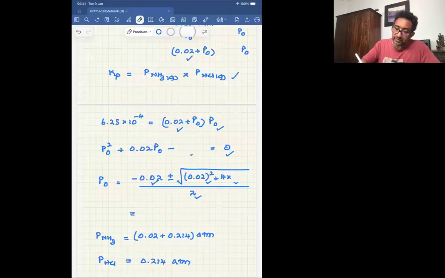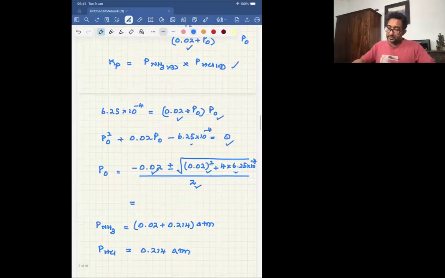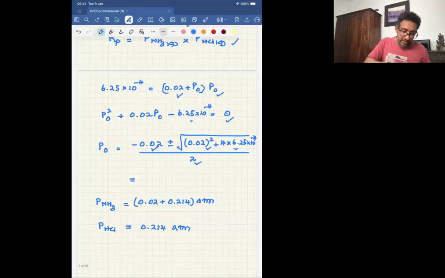Let's do that. 6.25 times 10 to the power minus 4 here. Let us double check that. 0.02 squared plus 4 times 6.25 times 10 to the power minus 4, square root of this minus 0.02, divided by 2.